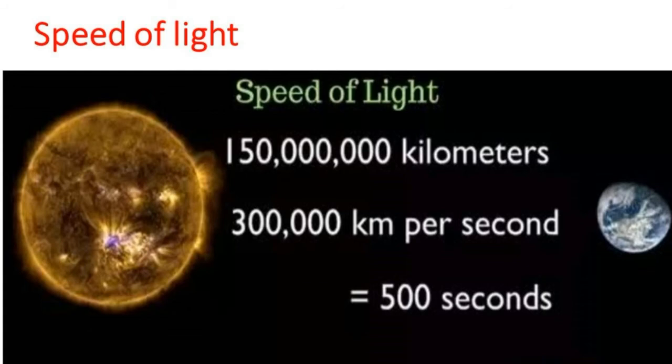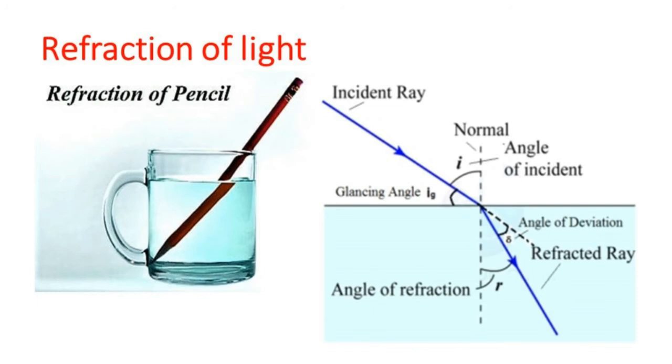He estimated the speed of light to be about 2,20,000 km per second. In 1849, the first land based estimate was made by Armand Fizeau. Today, the speed of light in vacuum is known to be almost exactly 3 lakh km per second, that is 3 into 10 to the power 8 meter per second.